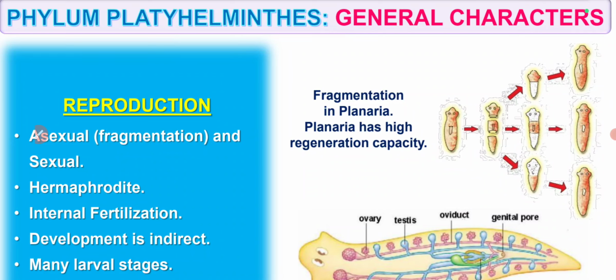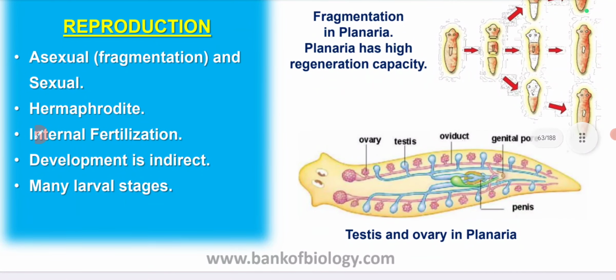Planaria has high regeneration capacity. Hermaphrodite means bisexual, with internal fertilization and indirect development with many larval stages. As you can see, both testis and ovary are found in a single organism. That's why they are called hermaphrodite, meaning bisexual.